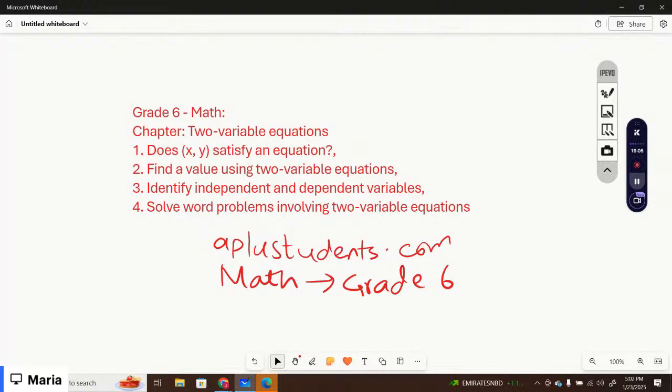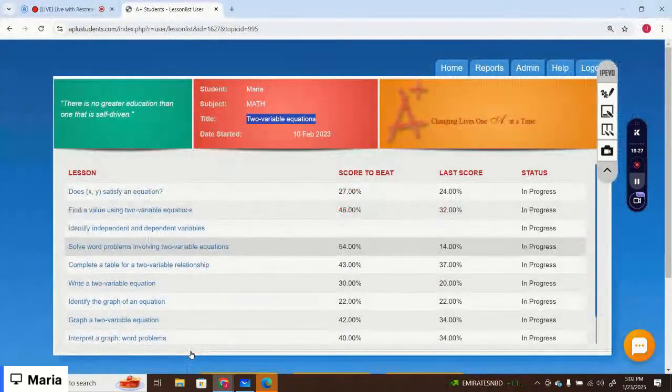Solve word problems involving two variable equations. So please make sure you have your notebook and pencil so that you can note down the important examples and definitions as well.